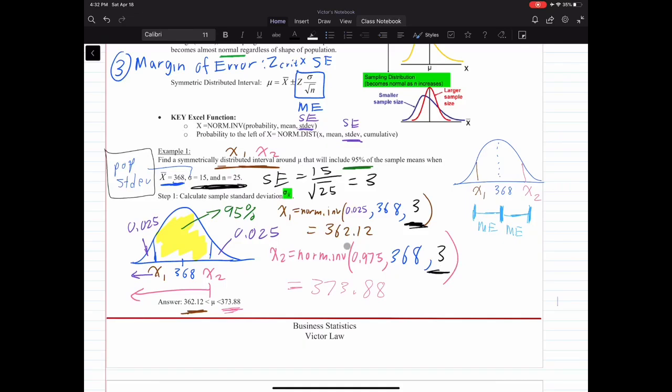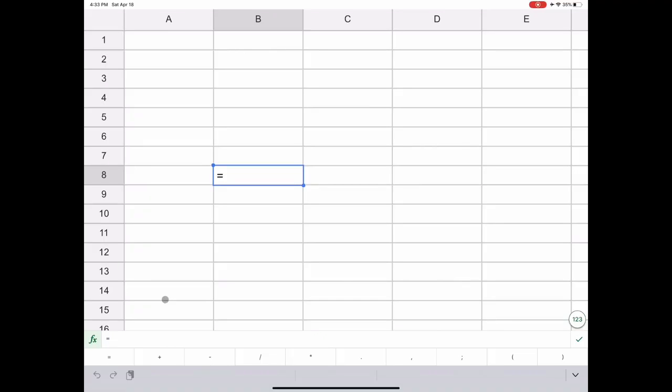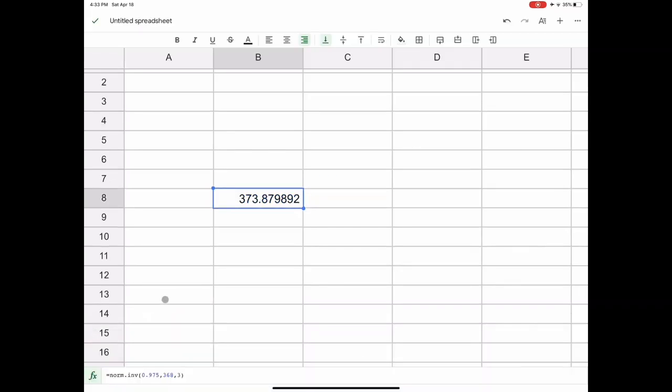When we plug that into Excel, we get 373.88. So norm.inv, open bracket, 0.975, comma, 368, comma, 3, close the bracket, and you get 373.88.